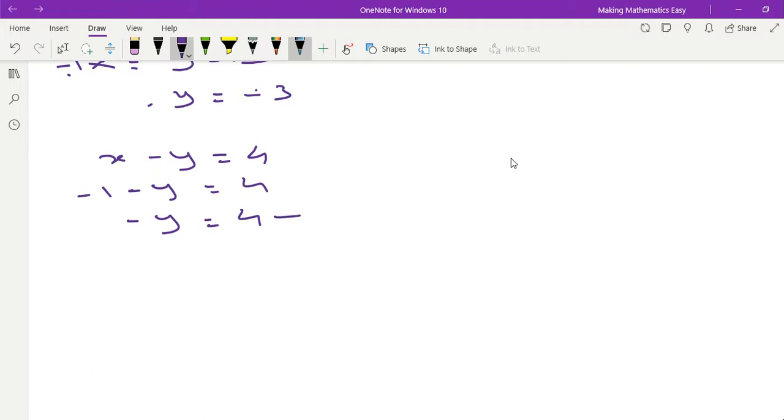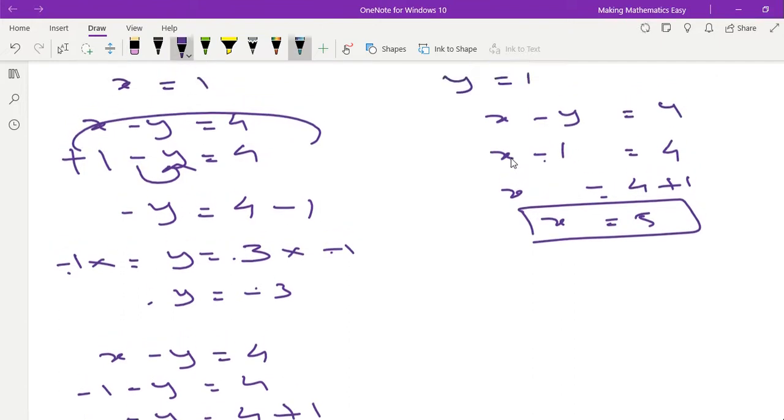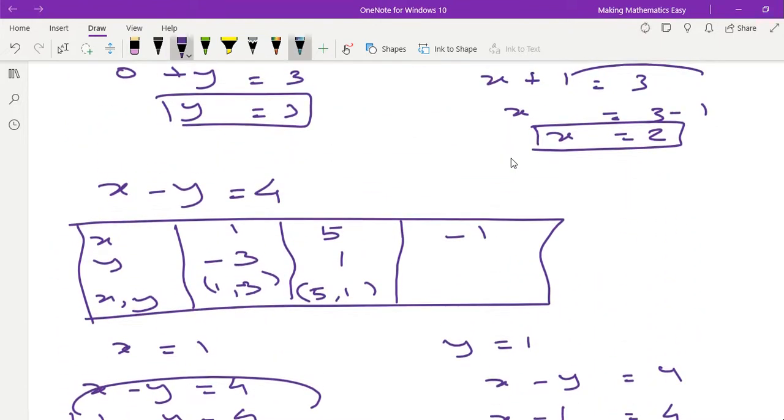This minus 1 will go over here and become positive 1. So 4 plus 1 will be 5. This will be minus, and this minus 5 will go over here. In a similar way we are multiplying this by minus 1, so this is minus 5. So this value is minus 5. So my coordinates are (minus 1, minus 5).